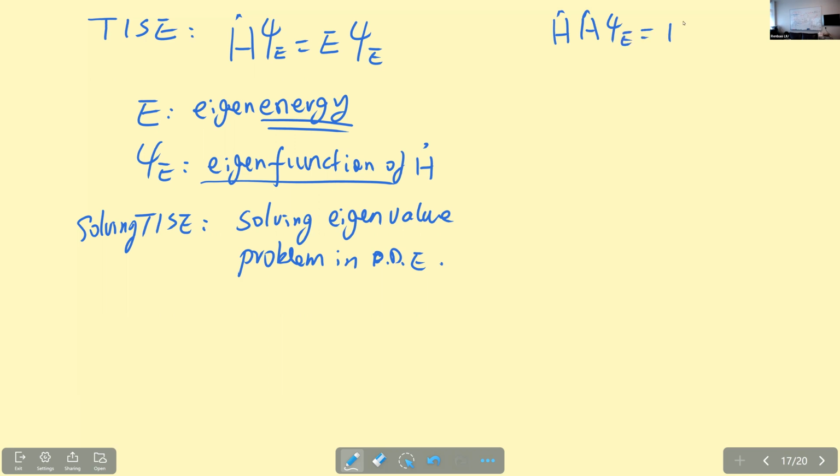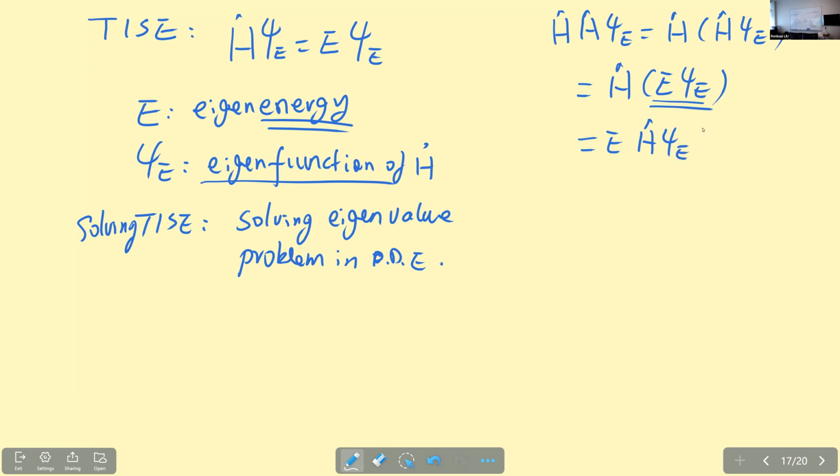According to the definition, that equals H acting on E phi_E. Because H is a linear operator and phi_E is an eigenfunction, this equals E times E phi_E, which equals E squared phi_E.